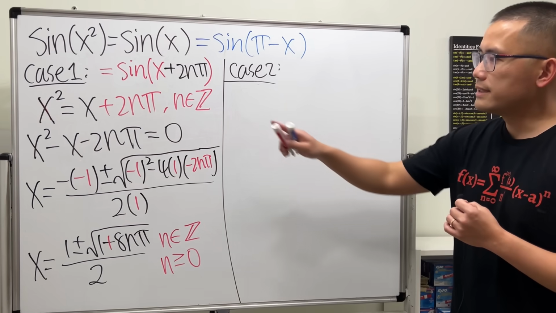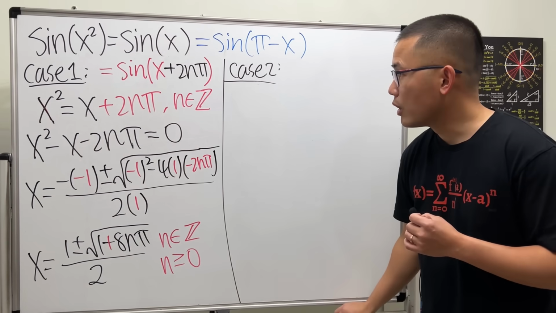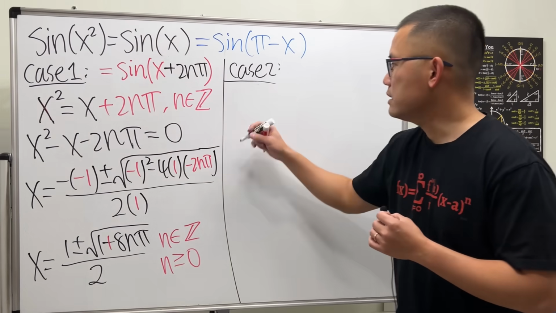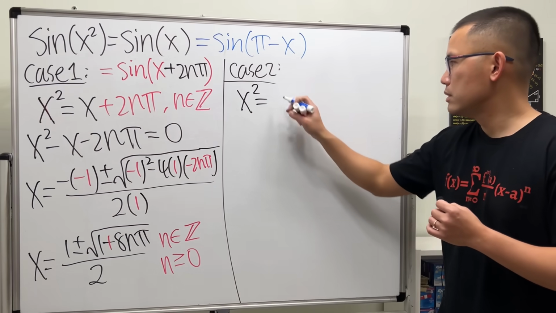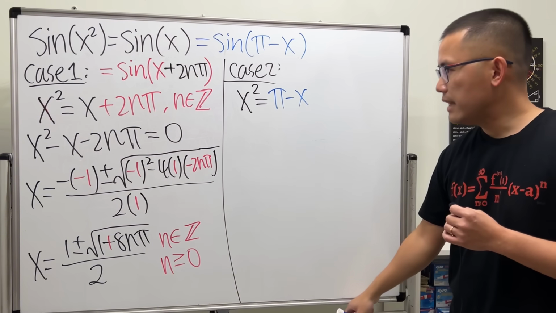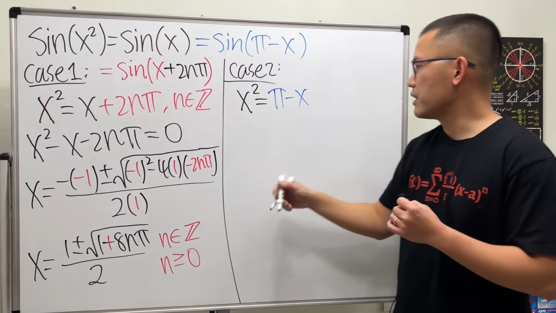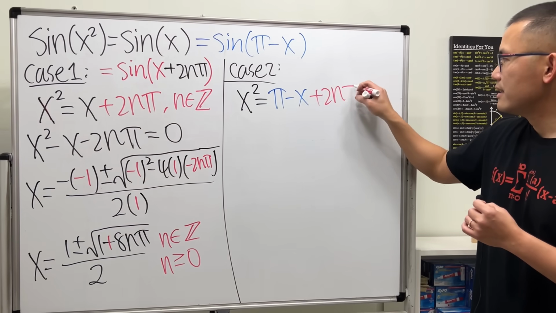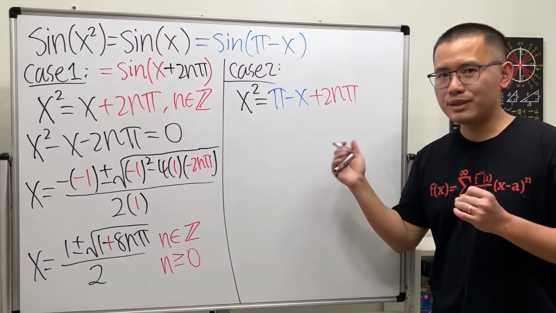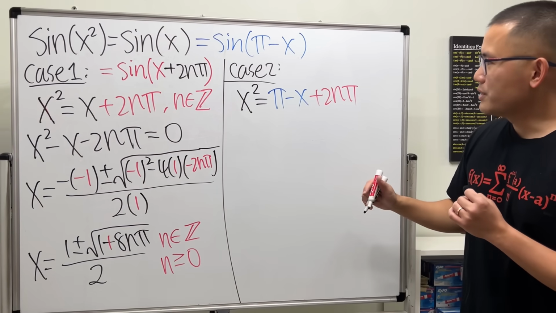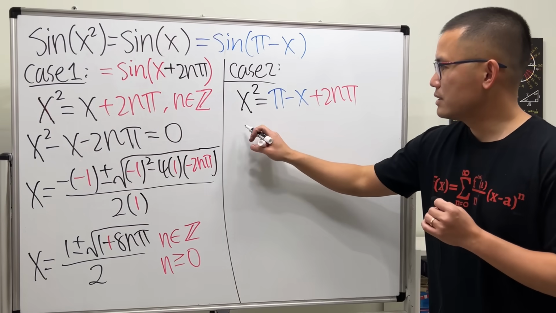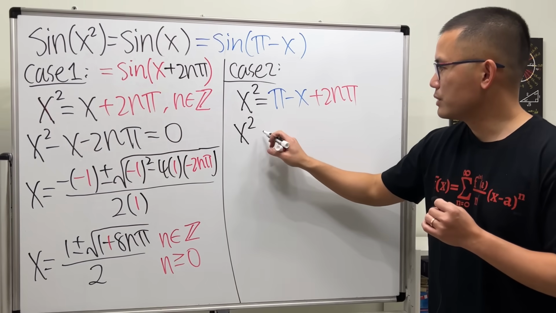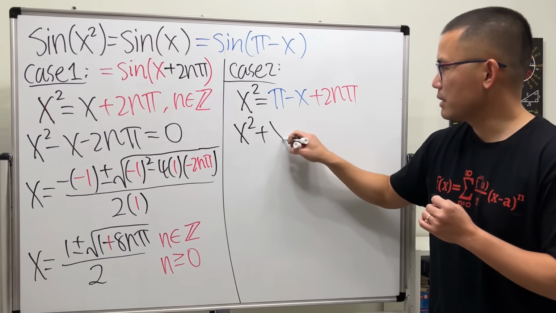Then we can just go ahead and do what we did over there. So we will have x squared equals, put on this angle, and then just add the same part right here. And once again, we have another quadratic equation. And right here, I am just going to keep this on the left-hand side, move this to the left, so it becomes plus x.